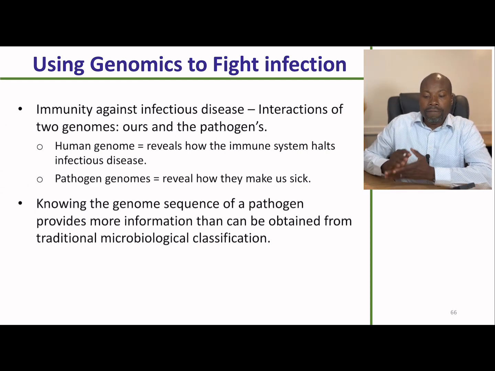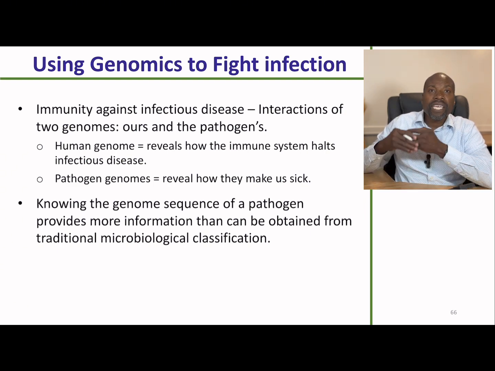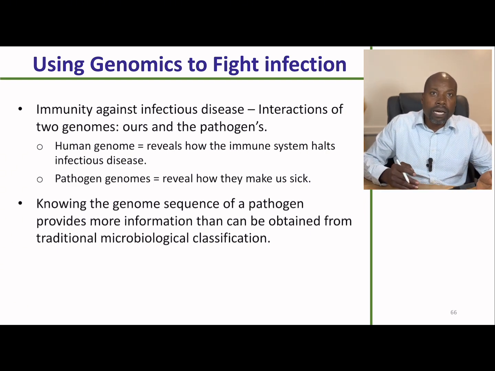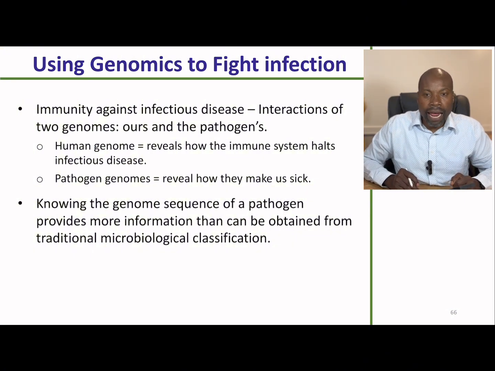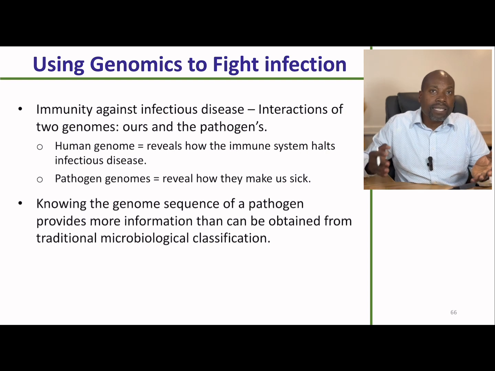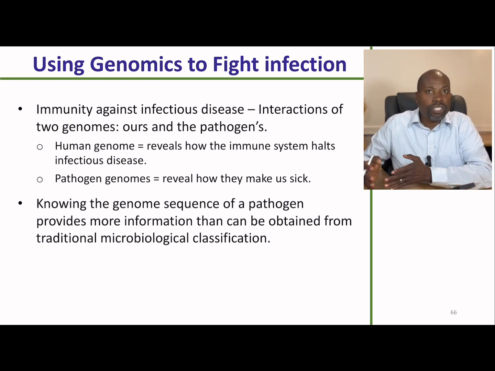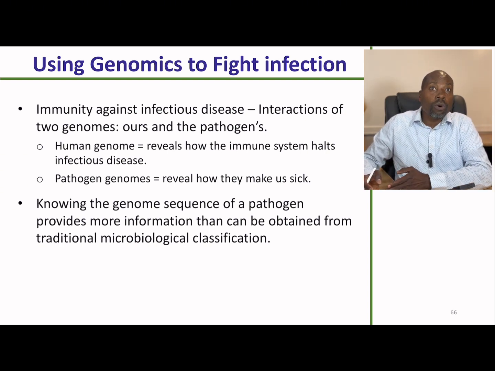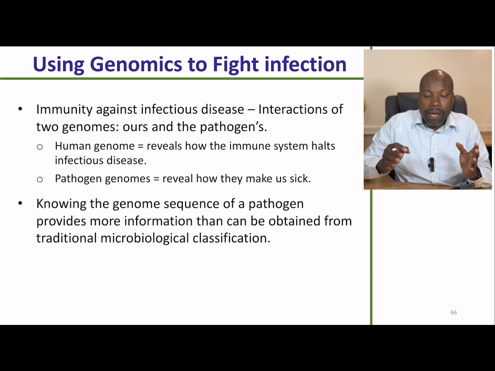This is information that allows us to go beyond just growing a bacterium or a pathogen, just growing a virus and characterizing it from a microbiological perspective. Microbiology is great, but it is limited.